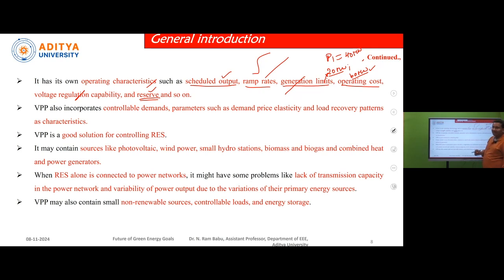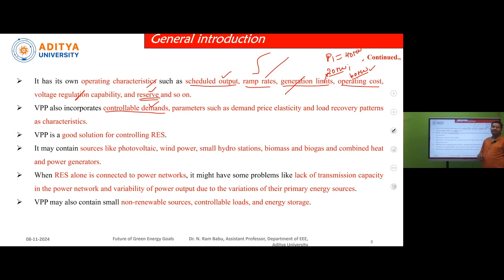Apart from that, our VPP incorporates controllable demands. Controllable demands, as I have stated earlier, include our washing machine, our room cleaning robot, and also the automatic dishwasher. These are the controllable load demands.